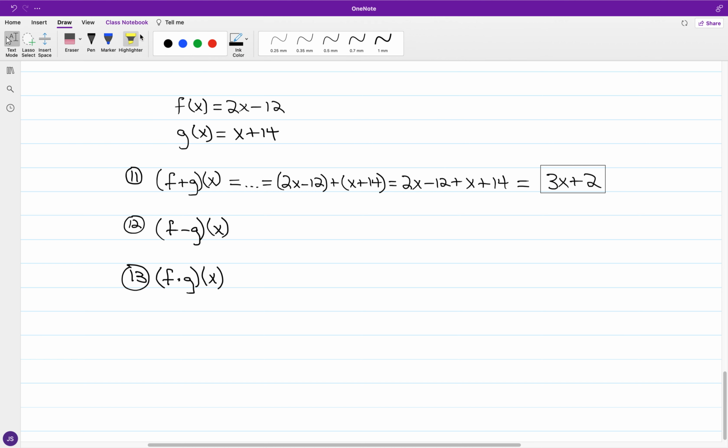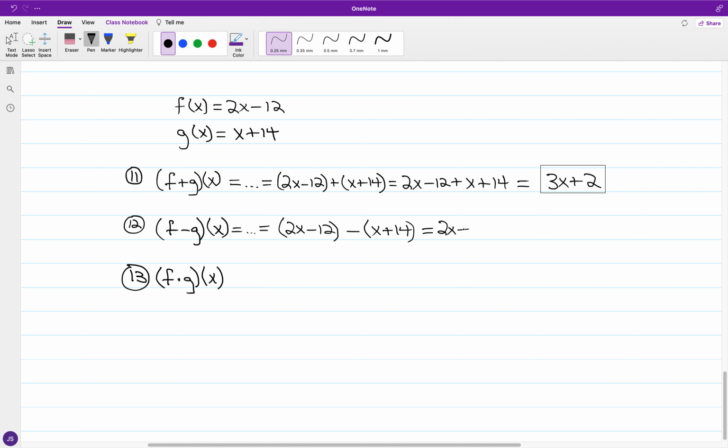Now, for f minus g of x, again, we're looking at f of x minus g of x. Okay, so with f of x, we have 2x minus 12. And we'll have subtracting all of g of x. In this case, we have subtracting all of x plus 14. Okay, and removing parentheses.